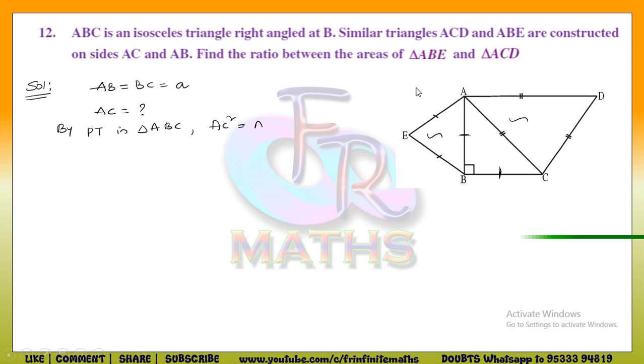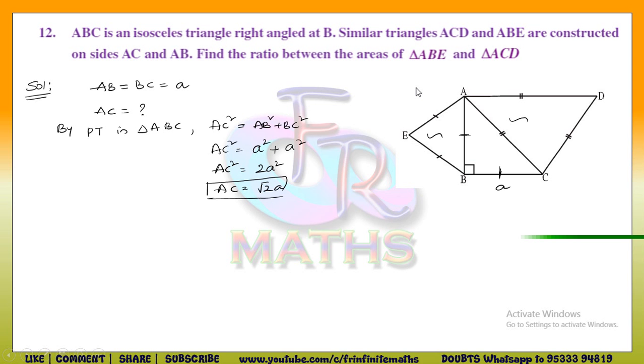AC square is equal to AB square plus BC square. From this, AC square is equal to A square plus A square. So AC square is equal to 2 times of A square. From this, AC is equal to root 2 times of A. So we got the value of AC.